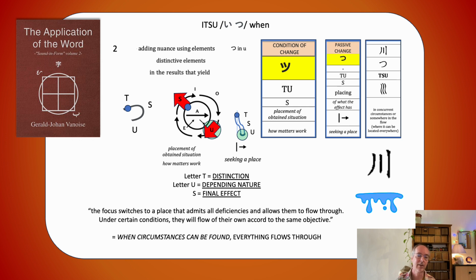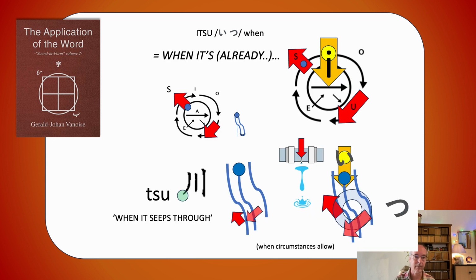And tsu is a combination of three letters: T, distinction; U, a depending nature; and S, the final effect it will get. So that's how you can understand it, that when circumstance can be found, something can flow through. That's how you can understand it.